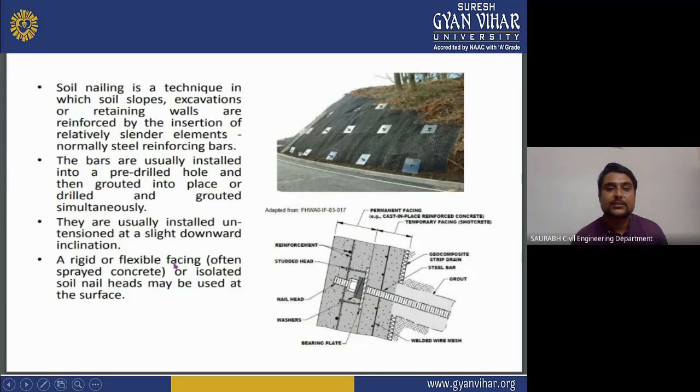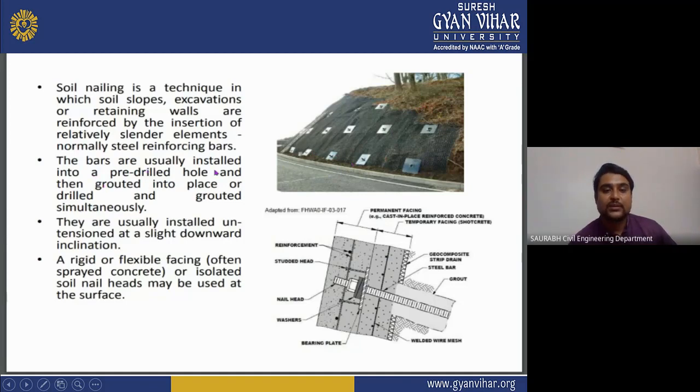Come on to the next slide. Soil nailing is a technique in which a soil slope, excavation, or retaining wall is reinforced by the insertion of relatively slender cylindrical elements, normally steel reinforcing bars. As you can see here, we also provide some steel reinforcing bars to prevent the soil which intends to come onto the road.